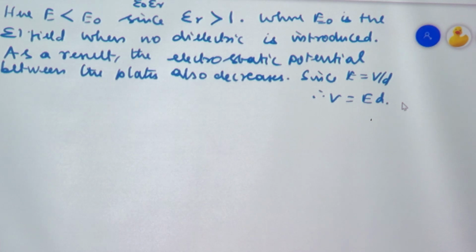Now what will happen to the charge? The electrical field decreases, so the potential decreases, but the charge Q remains constant once the battery is removed.